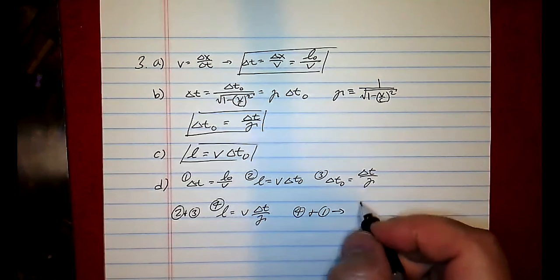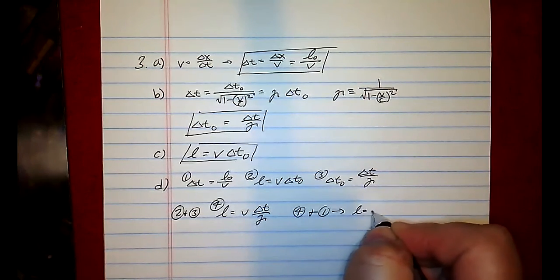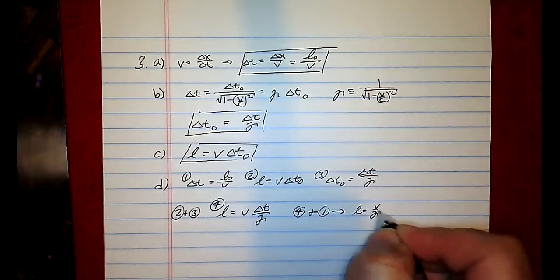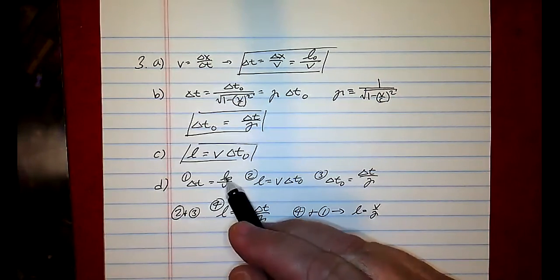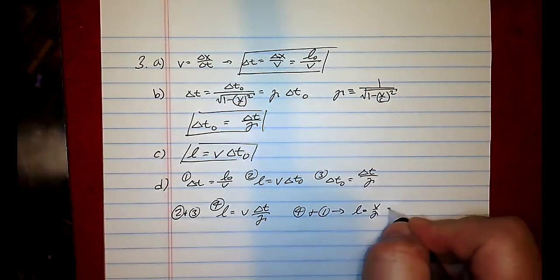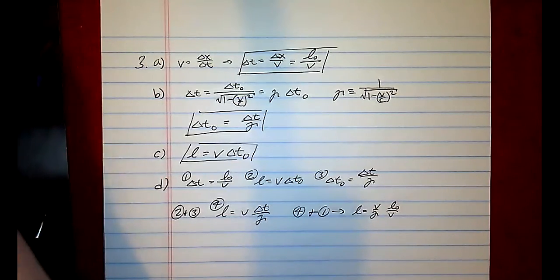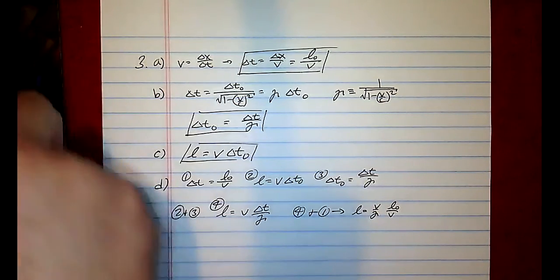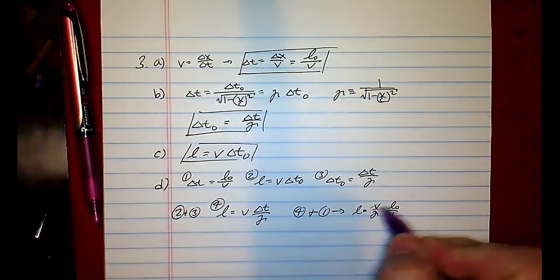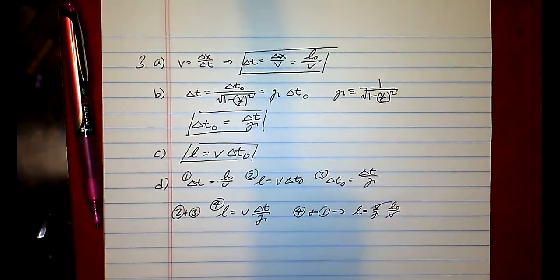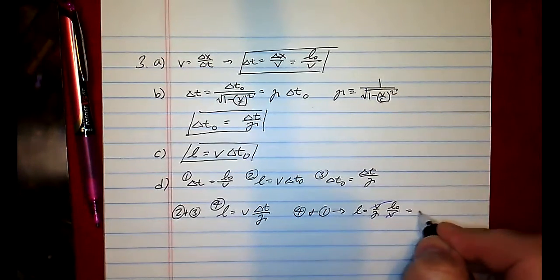then I can get L is equal to V over gamma times delta t, but delta t, as we saw from 1, was L0 over V. So you see that the V's will cancel out, top and bottom, and I'm just left with L0 over gamma.